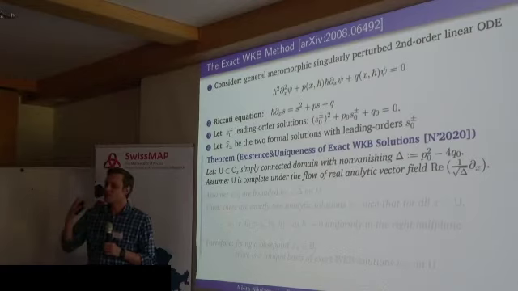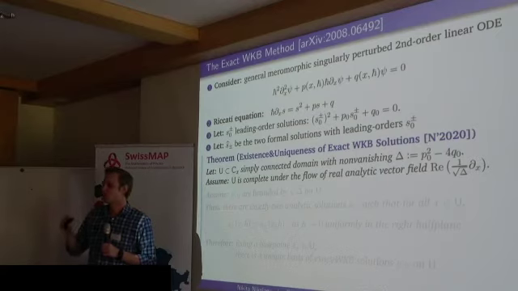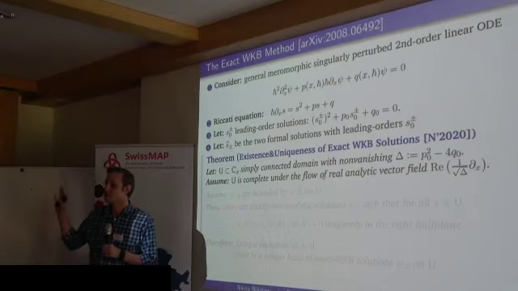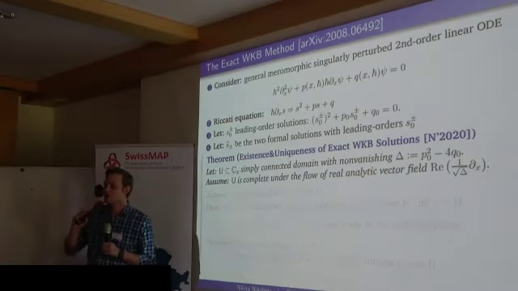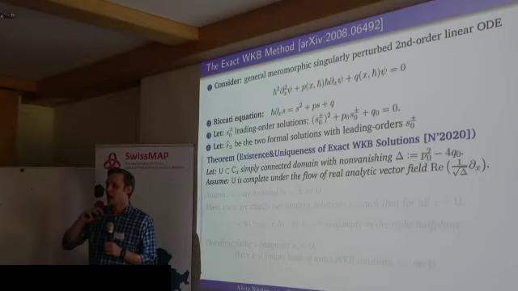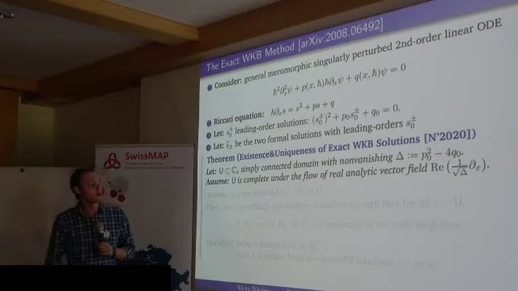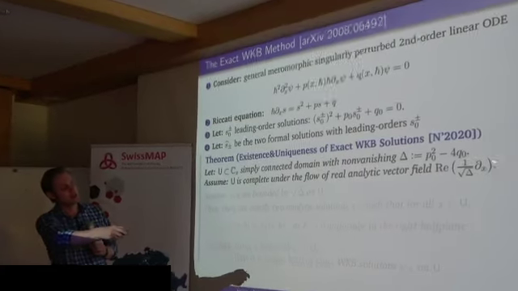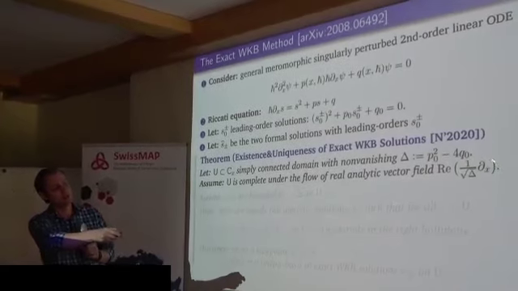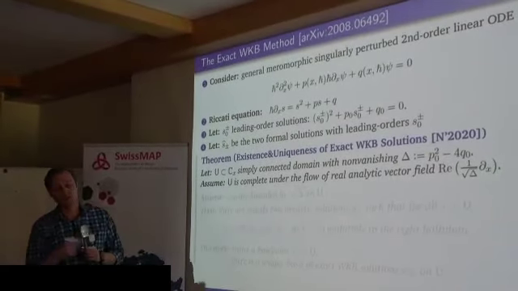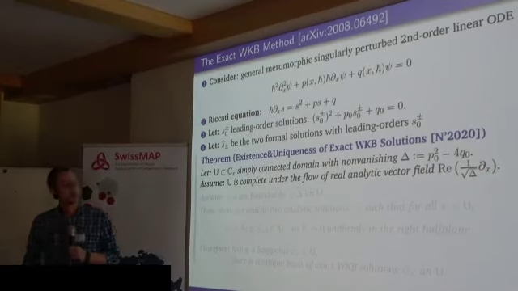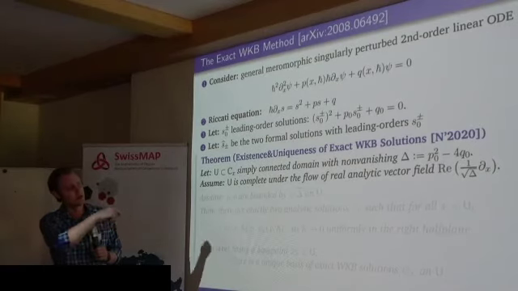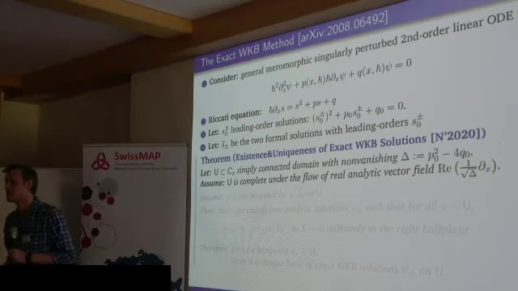Even if I'm studying my Schrödinger equation and I really want local existence and uniqueness of these solutions with nice h-bar asymptotics, the condition for existence of local solutions has a non-local component. More precisely, there is this analytic vector field: I take the vector field d by dx and multiply it by the inverse of the square root of the discriminant. It's some vector field, and I take the real part of it. It's a real analytic vector field.